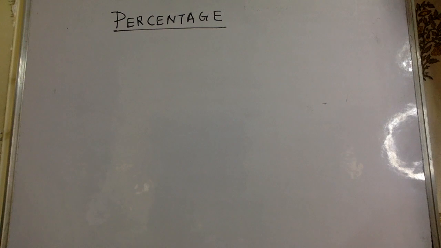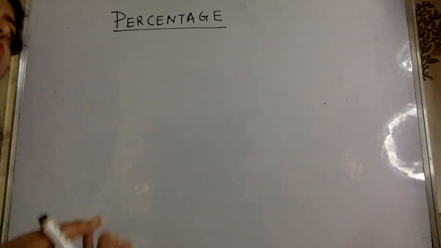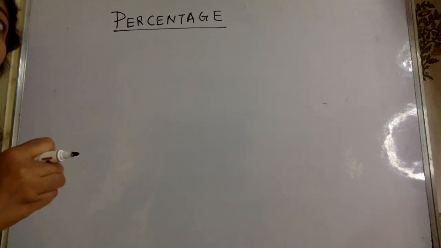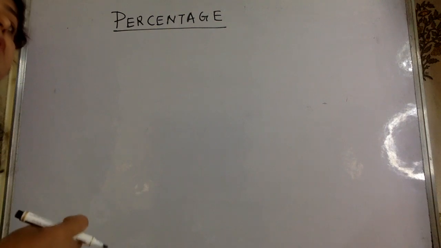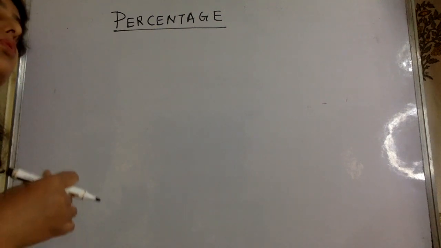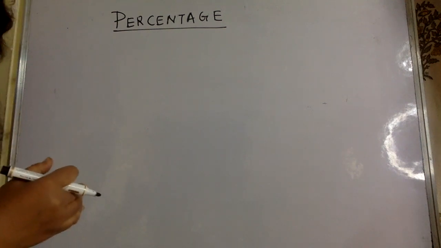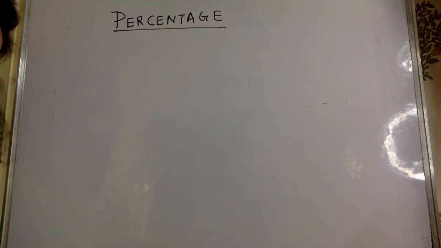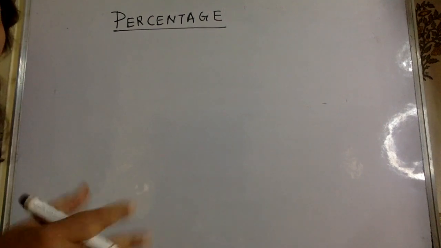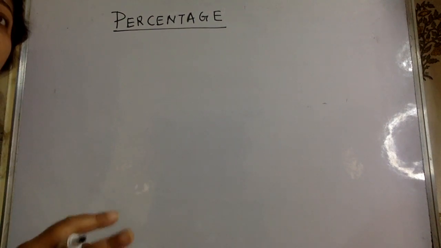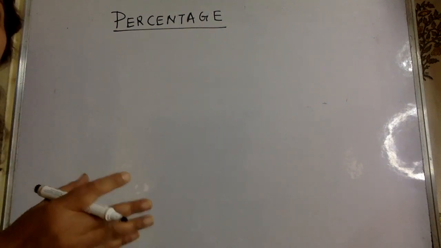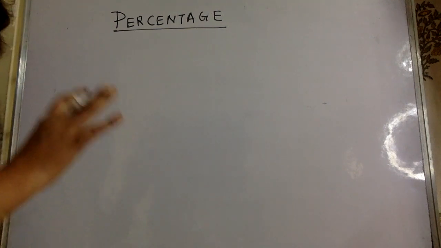Whatever marks or value you have, not just marks, it might be a fraction of something else, but to tell how much it will be out of 100, that is what we call percentage: out of 100, what number one will get at this rate.